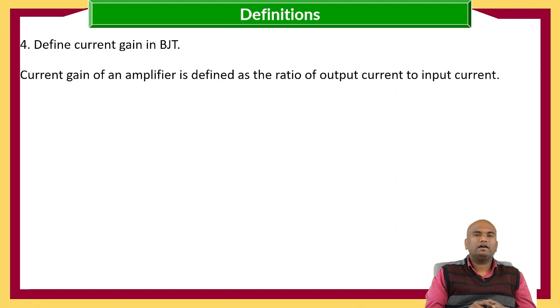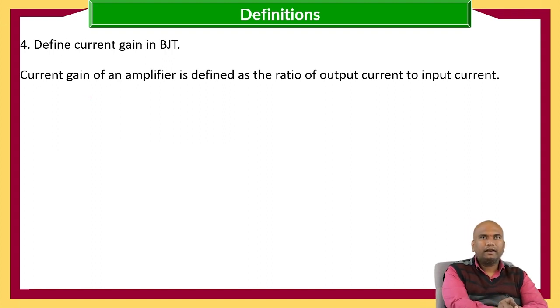Whatever the input we give, it has to increase the signal either in the form of voltage, current or power. The current gain of an amplifier is defined as the ratio of output current to the input current.